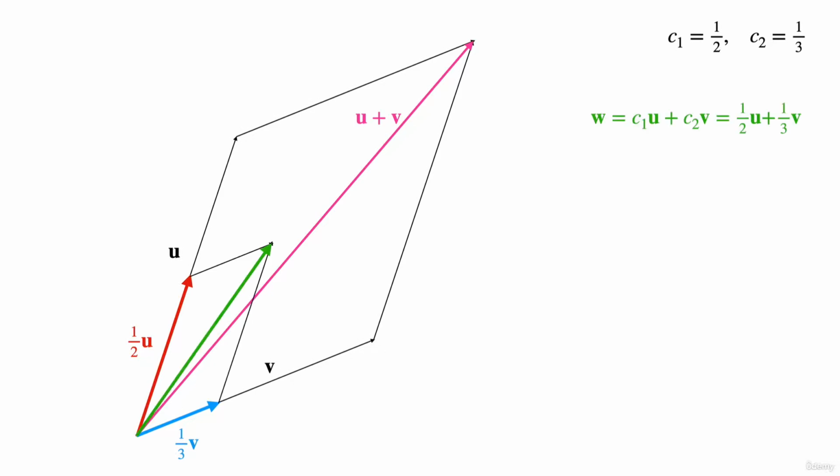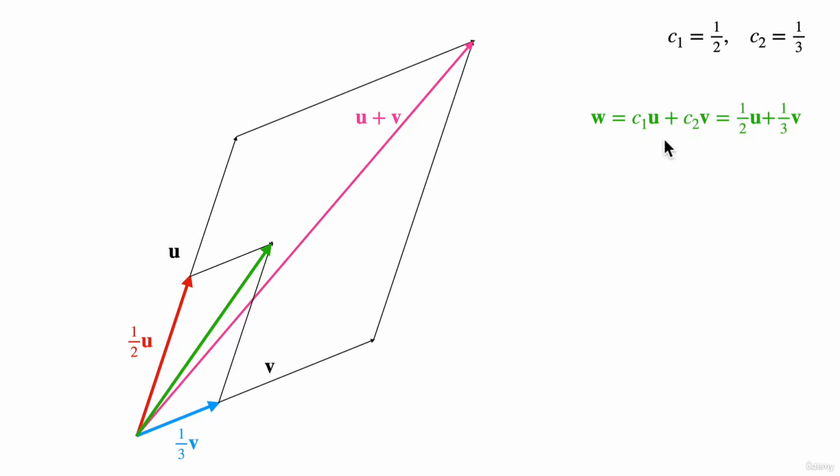And now I can add those two vectors, 1/2 of u and 1/3 of v. This vector, I can call it w, the diagonal of this parallelogram here, is the vector c1 times u plus c2 times v. In this case, c1 is 1/2 and c2 is 1/3. It is another example of a linear combination of our vectors u and v.